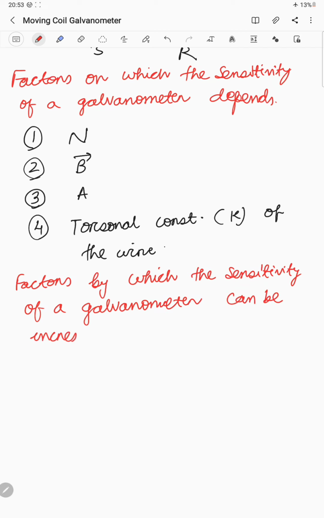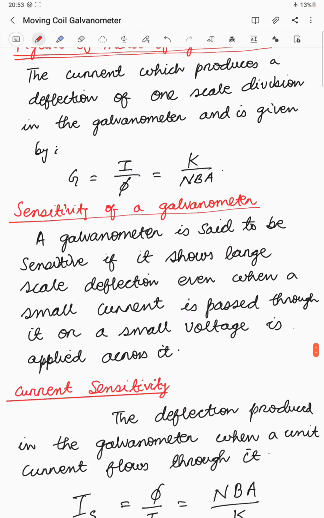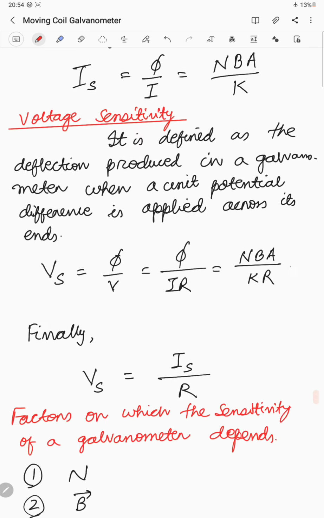It is quite obvious that if you look at the sensitivity expression, it is nothing but NBA by K. So if N increases, your sensitivity will increase. Increase B, it will increase. Increase your A also, the sensitivity will increase. But what happens to K? K is inversely proportional. So you have to decrease the value of K in order to increase the sensitivity.